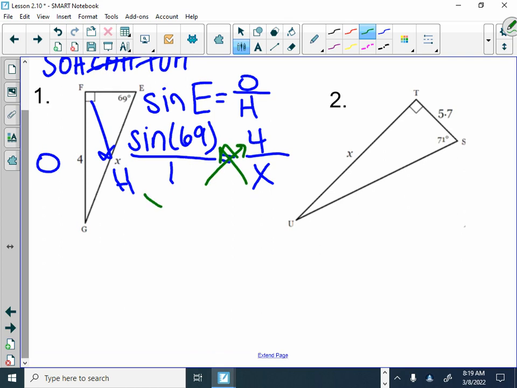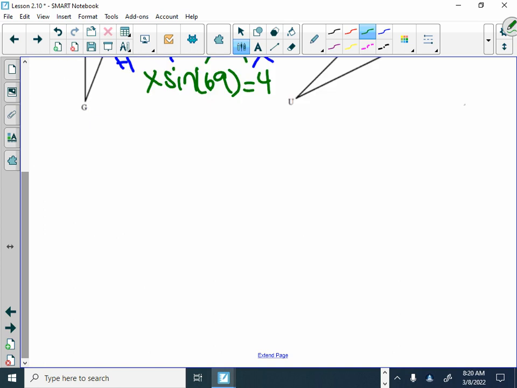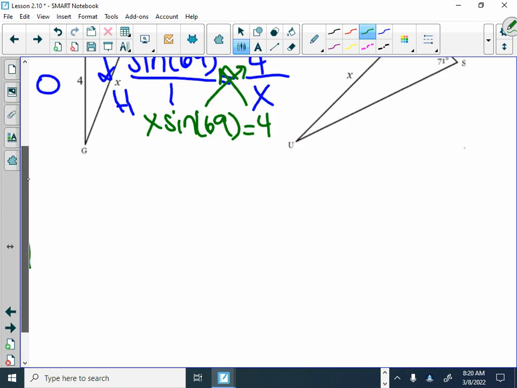So x times the sine of 69 equals 4. How do I get x all alone? Divide. You're going to divide when you're trying to get x by itself. If x is already by itself when you're doing the cross multiplication, then you're multiplying. So don't overthink it. Divide both sides by the sine of angle E.